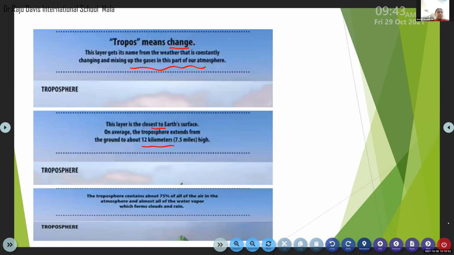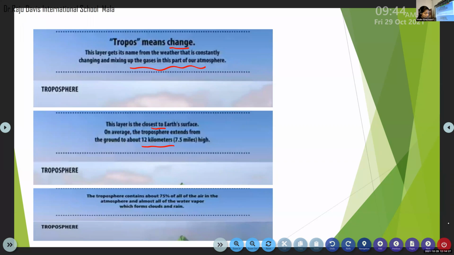So, children, almost all weather phenomena, and also the air we breathe, exist on this layer, and it is undergoing changes. The same weather condition is not experienced every day; it always keeps changing.